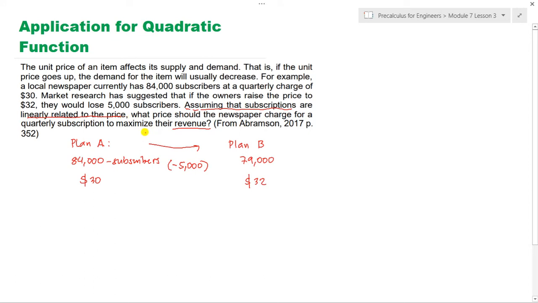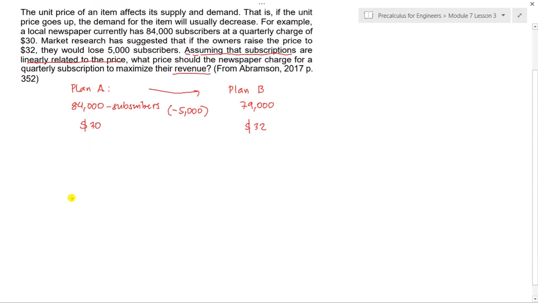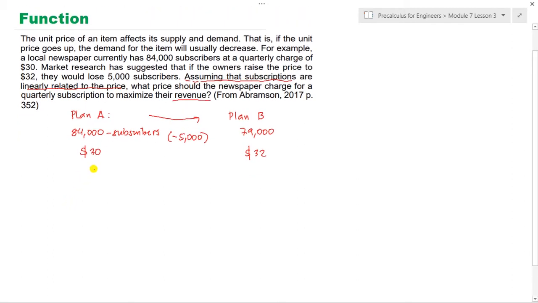we are going to interpret this. Since the relationship between plan A and plan B is linear, we can say that we can treat this as 2 points, right?